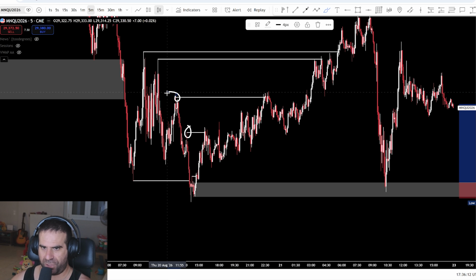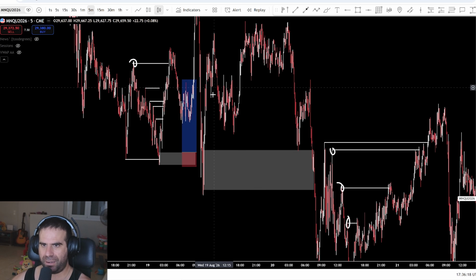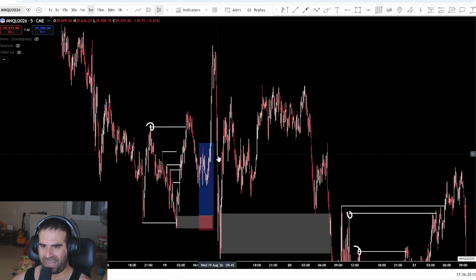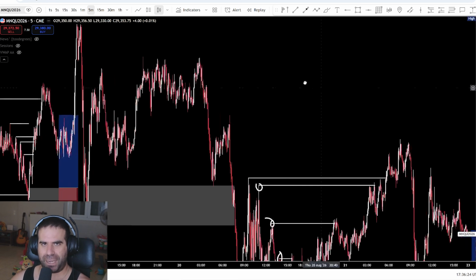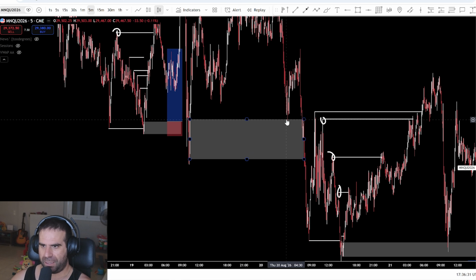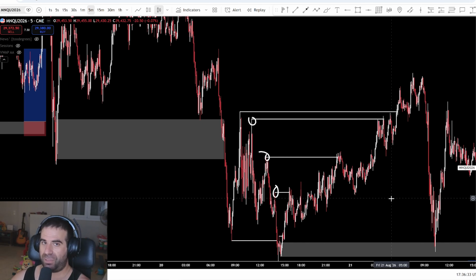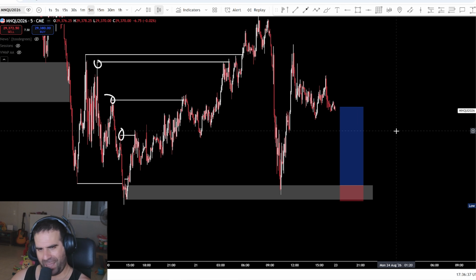This was broken from the left, this was broken, this was broken. So this is a valid trade, something that wasn't valid here, because from the left we don't have anything broken, but here it was valid again, and you would have lost the trade. Transparently and nicely, you would be losing 1 unit here. Here you wouldn't be taking the trade if you are paying close attention to what I'm telling you, and here you would be winning 5 units.